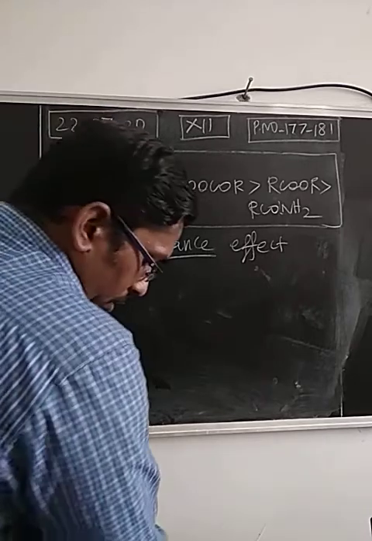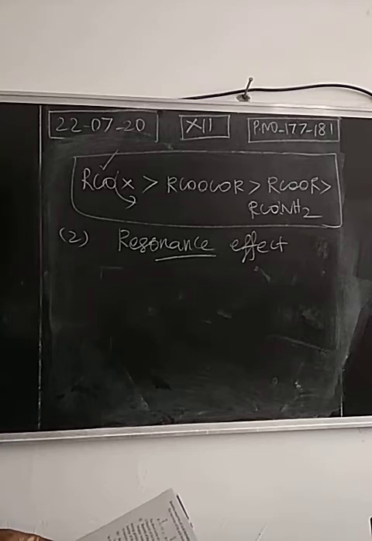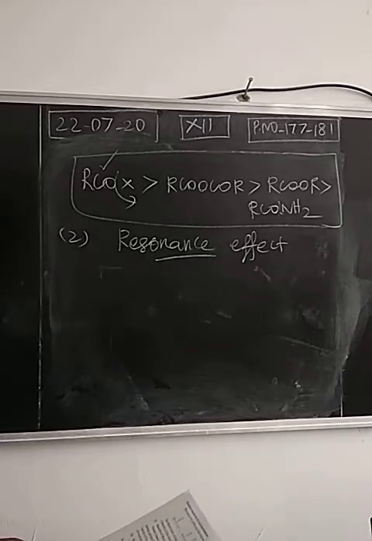So this is the second point. Take page number 180. Resonance effect. So when you take a less electronegative group, stabilization will be more. Okay. So the same order is repeated here also. What is the reactivity order? The same order is repeated.